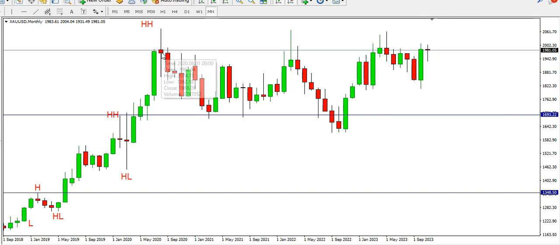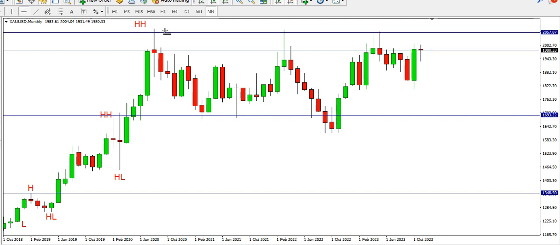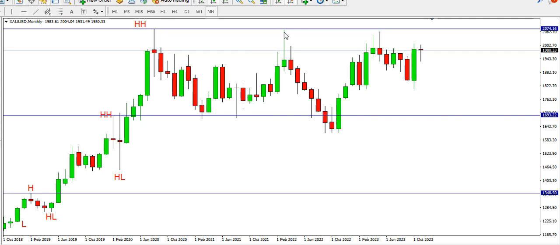This particular higher high was formed on 1st August 2020, about 3 years ago. But this particular structure high is yet to be broken. Price attempted to break it here, this was 1st of March 2022, but price didn't get up to that structural level.